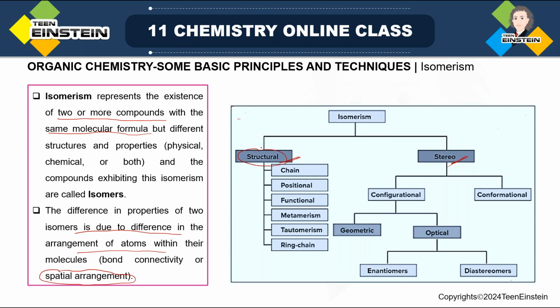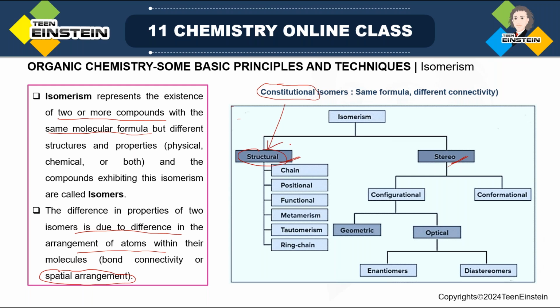Sometimes for this same category another term is used. Maybe in some other books you will find a different term. Don't think these two are different, these two are actually the same. So the structural isomers are also called constitutional isomers. Same formula, different connectivity. Same thing.